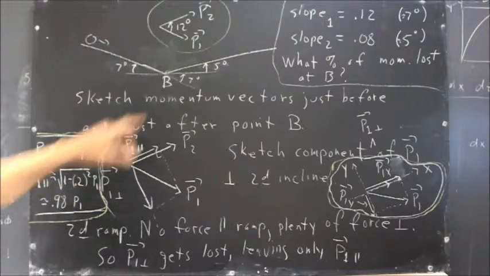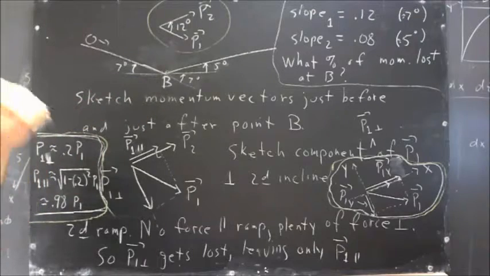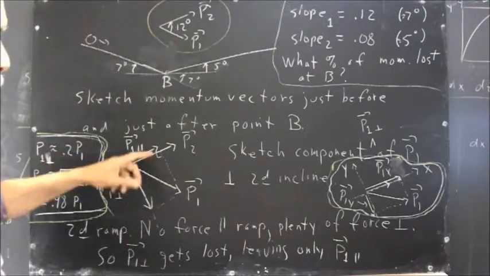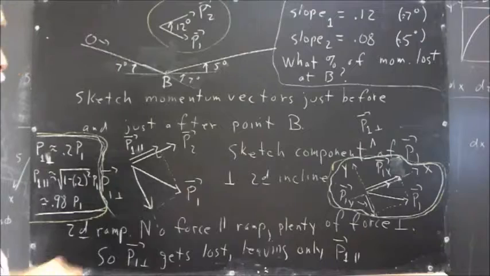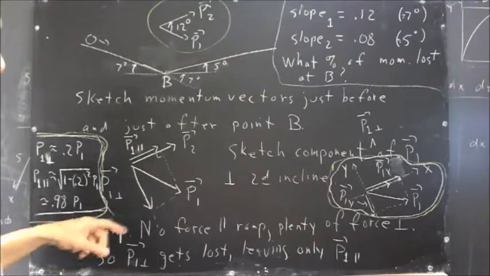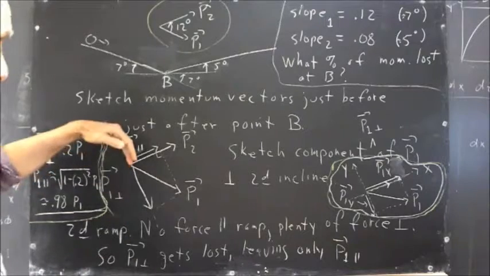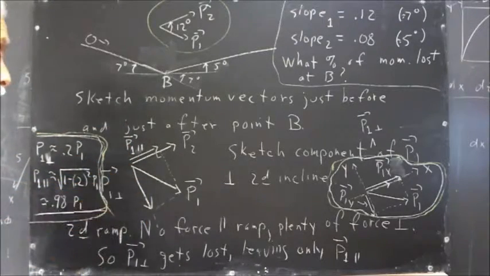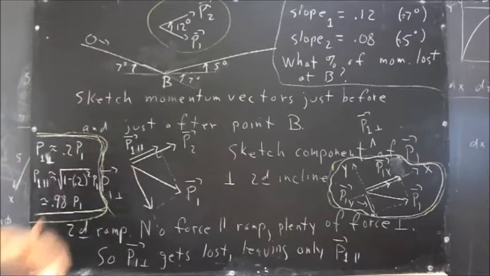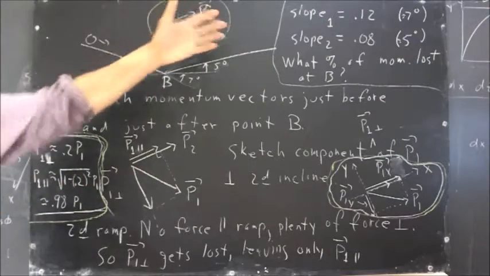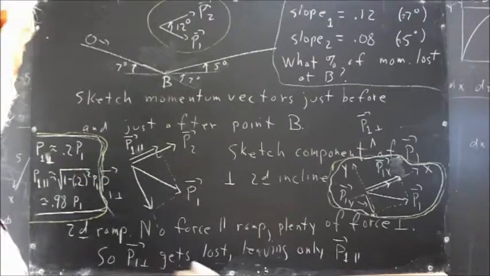So in any case, you're going to then be able to project P1 onto P2 knowing this angle. P1 parallel is going to be P1 times the cosine of the angle, and P1 perpendicular will be P1 times the sine of that 12 degrees. I didn't use the angle, I just used what I know about slopes, which I'm going to explain in another video.